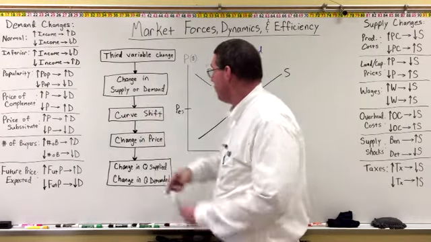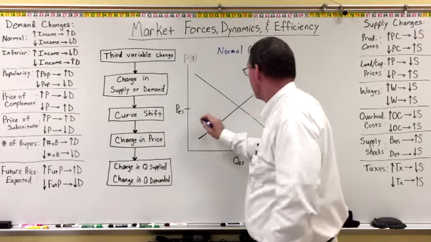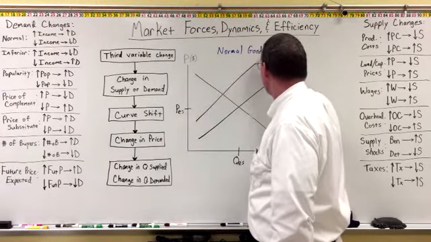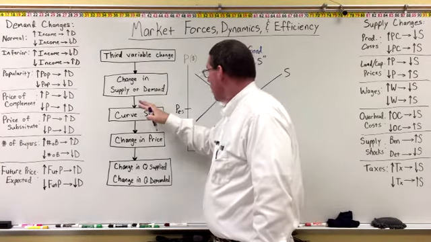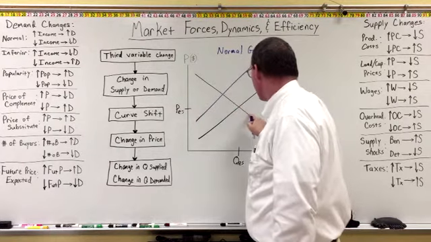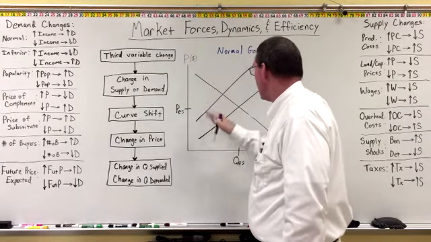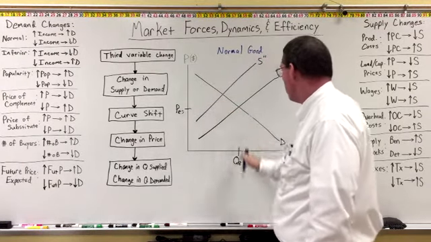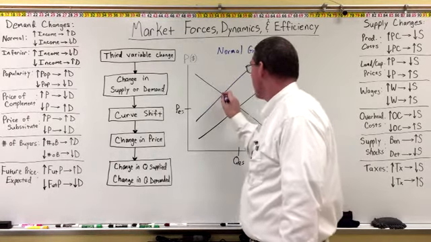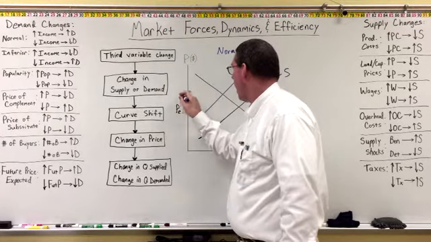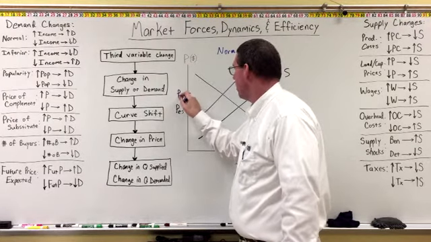That's going to be a left shift of the supply curve. So it's going to shift over to the left here. S double prime, let's call it. And so what's now going to happen is that the buyers and sellers are going to renegotiate the quantity and the price. The original price and quantity is no longer good because the market has changed. And so they're going to negotiate a higher price in the market.